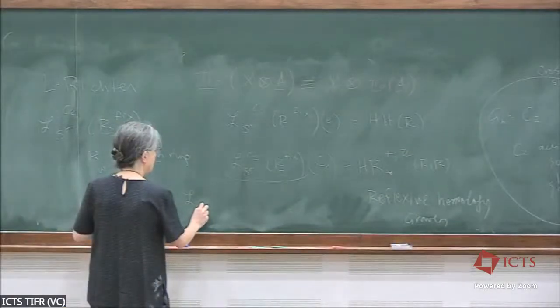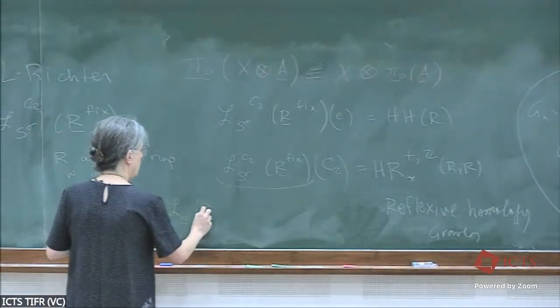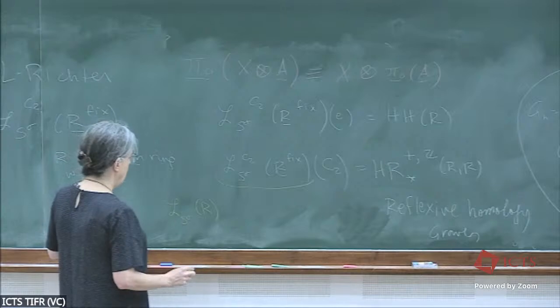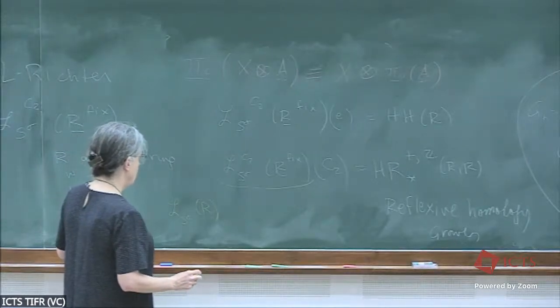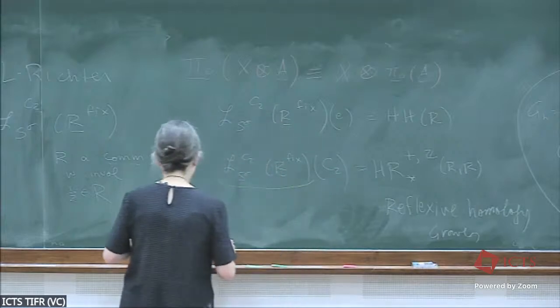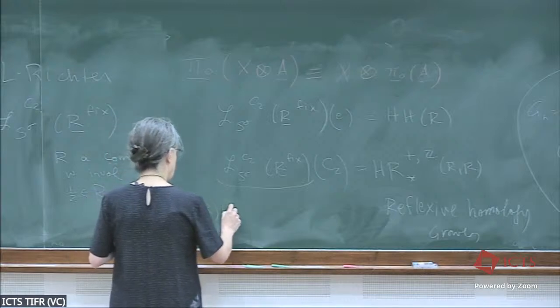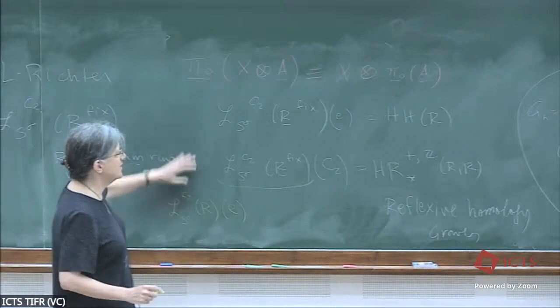So this is absolutely a Tambara functor. In this case, because half is invertible, what this Loday construction does is you take LS sigma of R. This guy is very, very easy.